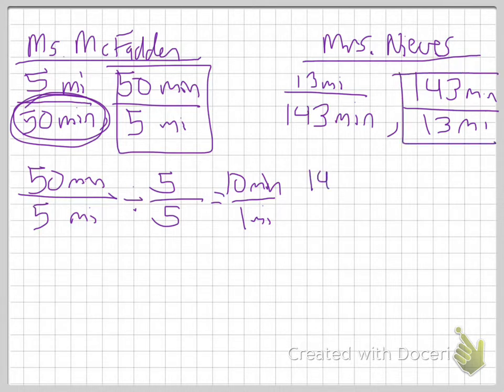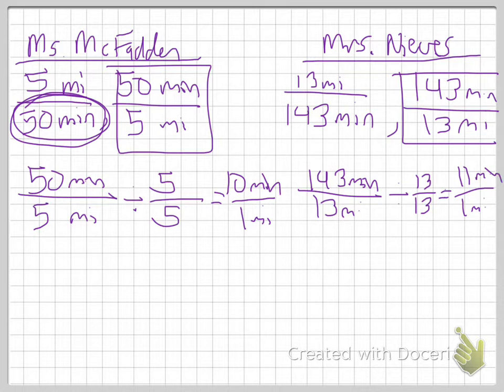So if I have 143 minutes for 13 miles, I'm going to need to divide by 13 over 13, and that will give me 1 mile in the denominator, and 143 divided by 13 is 11. So it takes me about 11 minutes to go 1 mile, and it takes Miss McFadden about 10 minutes. So Miss McFadden is going to finish first in the marathon.